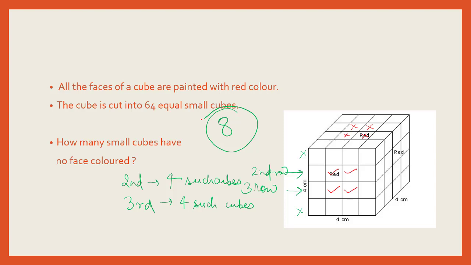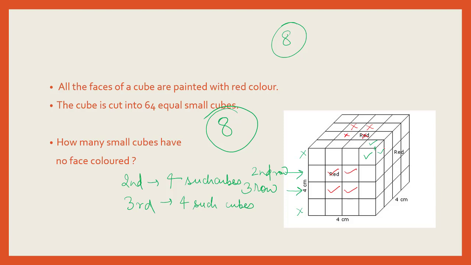Whenever we talk about 3 faces colored or visible, we have a standard answer, and that is 8, because those are the cubes at the vertices, and we know there are 8 vertices. For example, for this particular cube at the vertex, we can see all 3 faces. So there will be 8 such cubes for which you can see 3 faces.